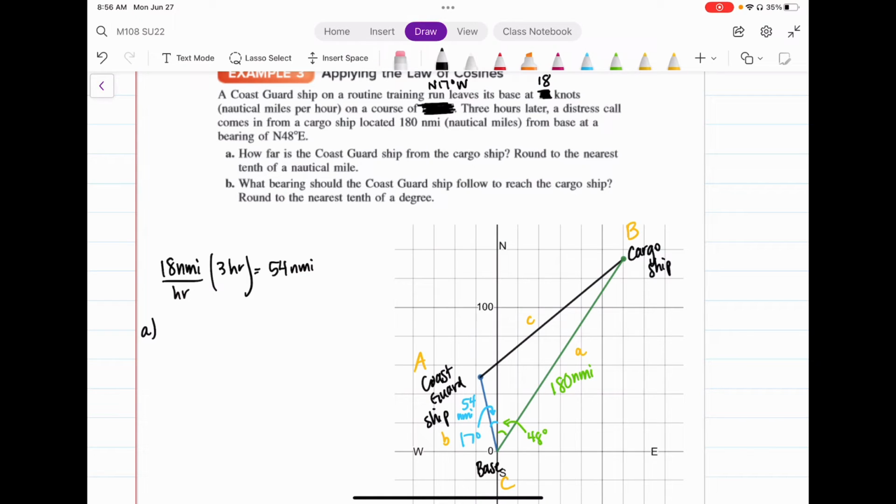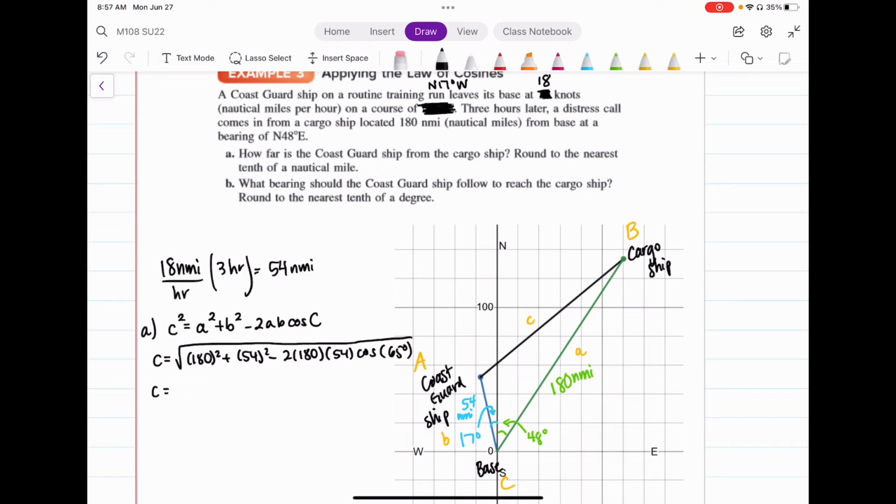So the law of cosines says that side C squared is going to be equal to side A squared plus side B squared minus 2 times side A times side B times the cosine of angle C. That means that side C is going to be equal to the square root of side A, which is 180 squared, plus side B, which is 54 squared, minus 2 times side A, 180, times side B, 54, times the cosine of angle C, which is the two bearings added together, 17 degrees plus 48 degrees, or 65 degrees.